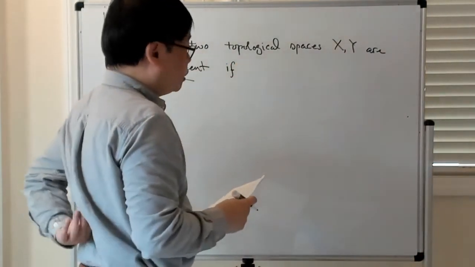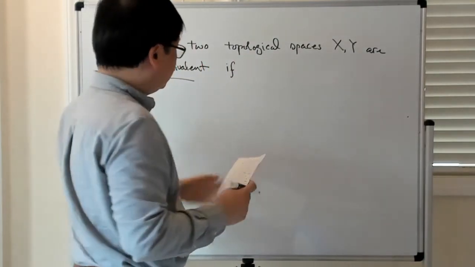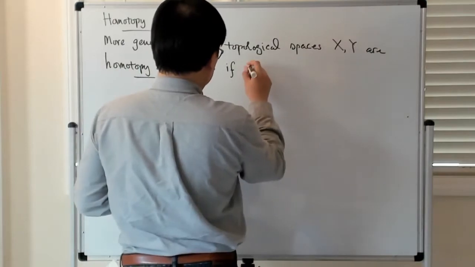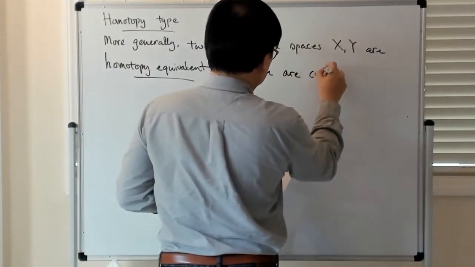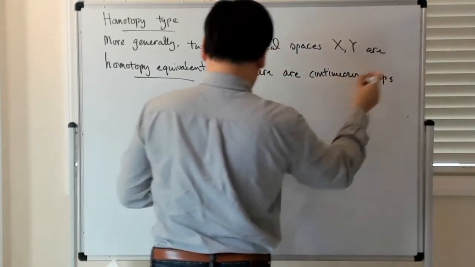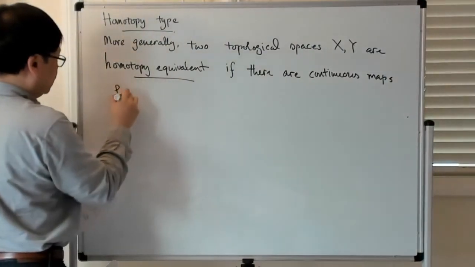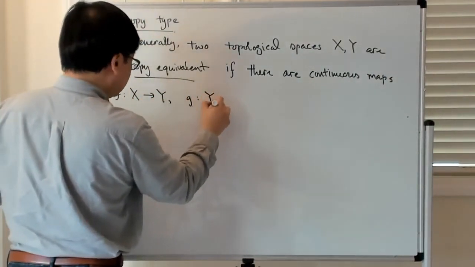If there are two continuous maps, one of which maps X to Y and the other maps Y to X. Let's say F maps X to Y and G maps Y to X.